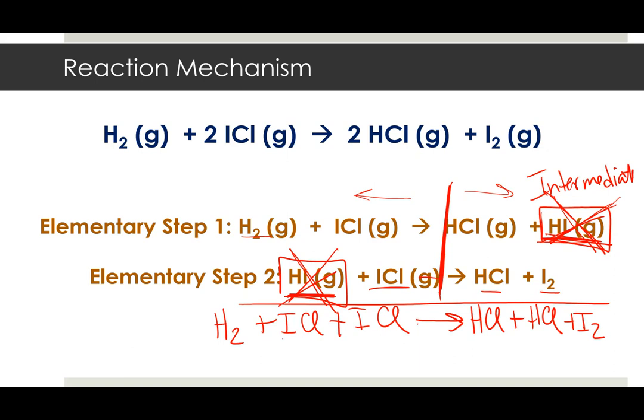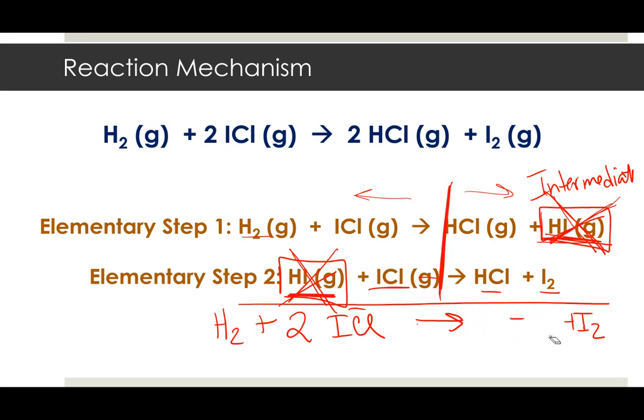We can reduce this down a little bit. So I see two molecules of this ICl. So I can rewrite that instead of writing them each individually. I can say I've got two of those ICl molecules that I need to use. And then same thing over here. I've got two HCl's that get produced.